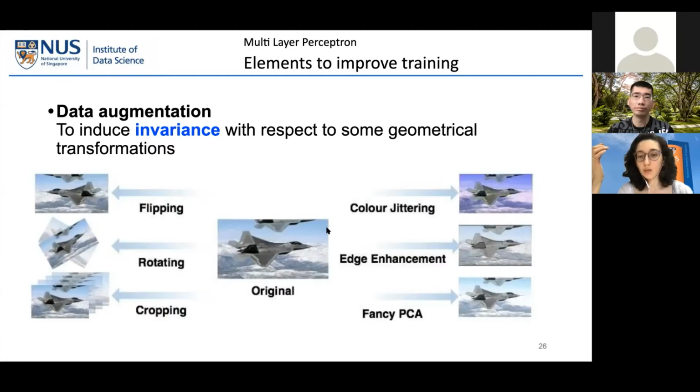Maybe the edge is a bit weird. The inside of the image is still there. Fancy principal component analysis, or you can add noise to your data, right? If the image is noisy or has a lower resolution, you may still want your model to be able to detect it, to classify it, right? So those are some techniques you can use in practice to make your model more robust.